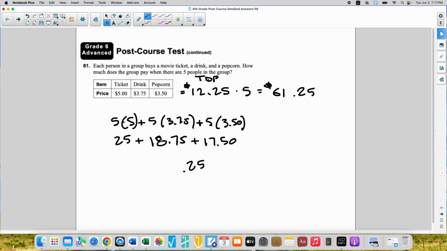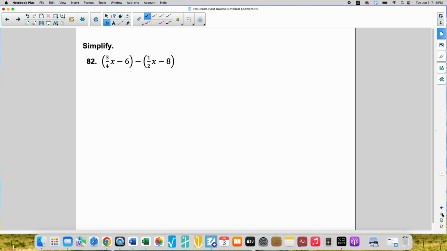That's going to give you 8 and 8, 16, 21, 2, 3, 4, 5, 6. Yeah, I got it both ways. So you can do it either way: 5 for each of those, or you can total up and multiply it by 5. That was question 81, $61.25. Boom.